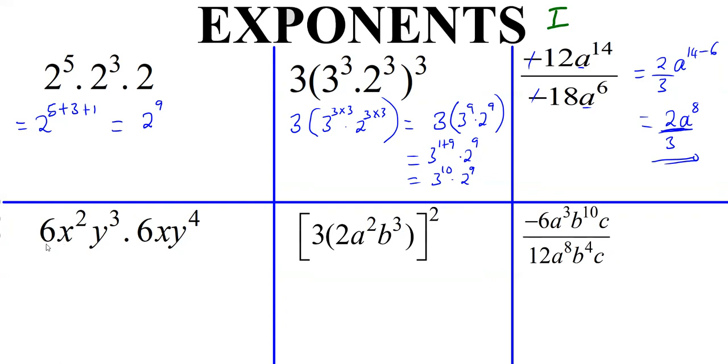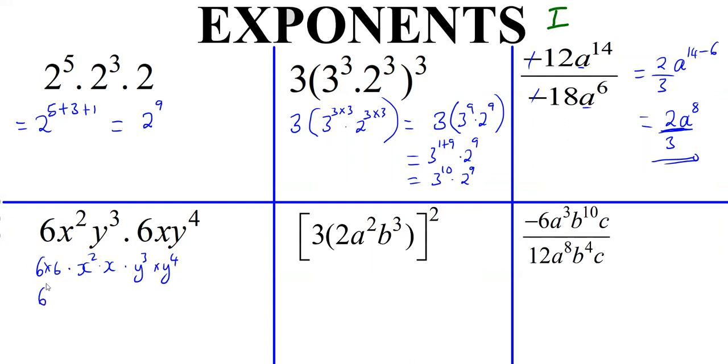Now let's move on to this one here where we're having 6. So here we start to deal with the numbers. We deal with 6 times 6. Just for you to understand here, it's going to be x squared times x. We're just trying to group them. Then y cubed times y to the power of 4. What do we do with the powers?